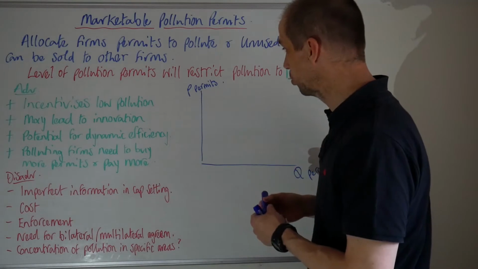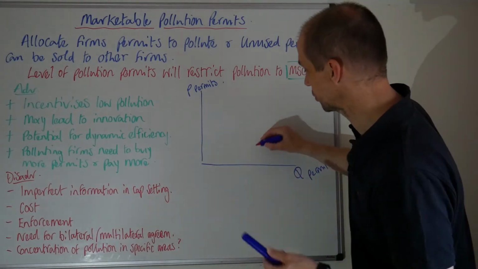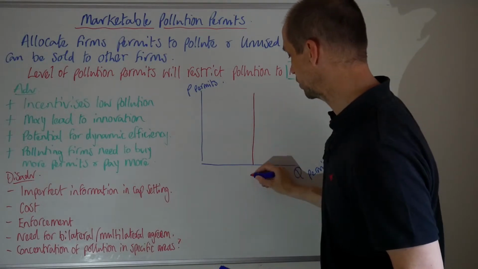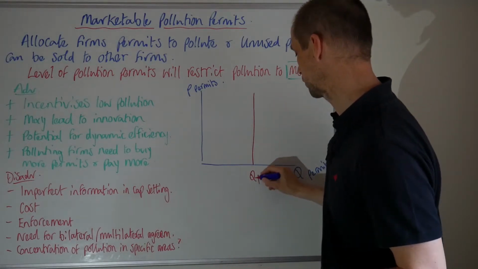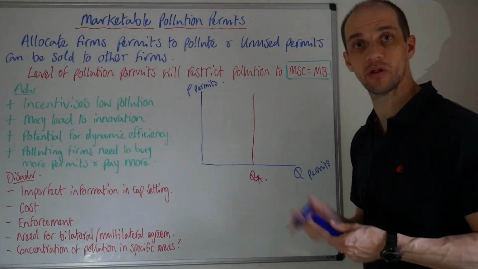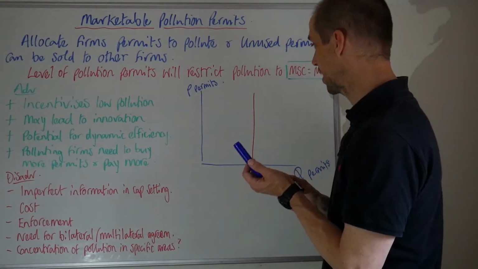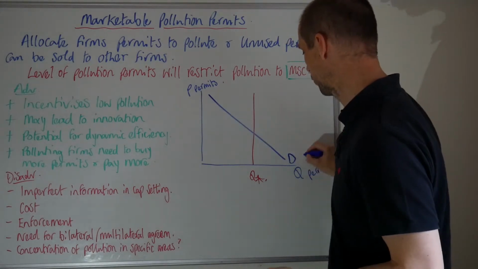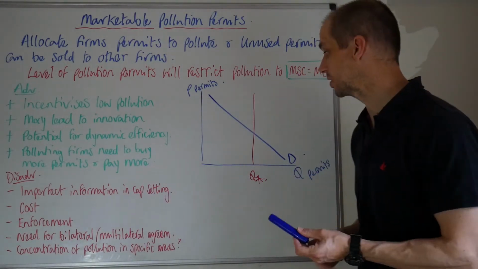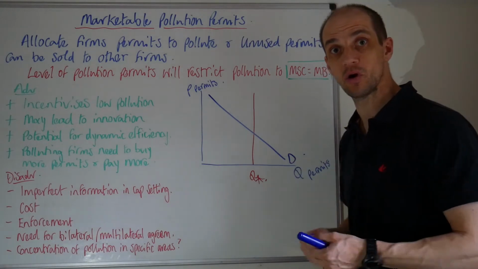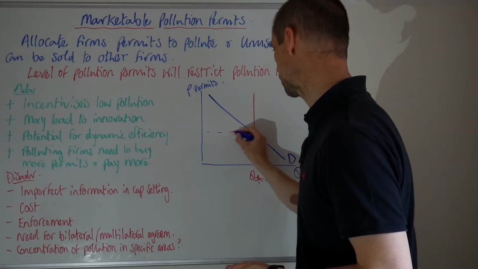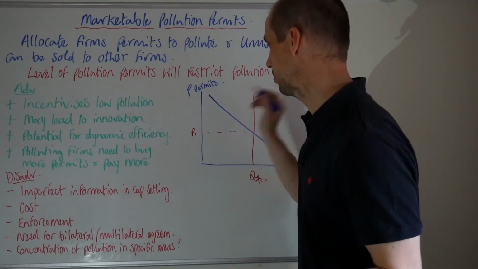So if we still work on the premise of that socially optimal level of pollution permits, which is fixed at, let's refer to that as Q star there, we can see we have that point. Now imagine the actual level of demand for pollution permits. Well, we can see what the free market price is likely to be in such an outcome. So there we go at P1.